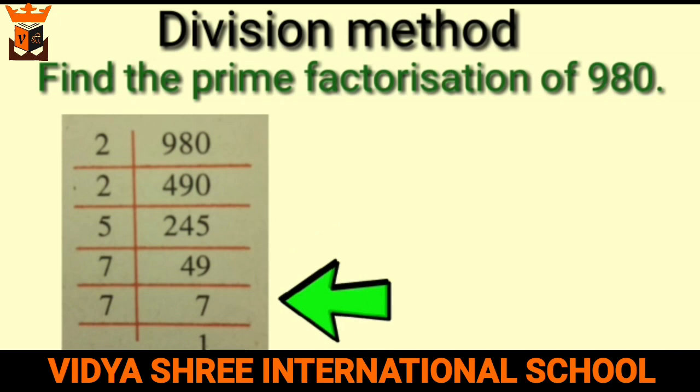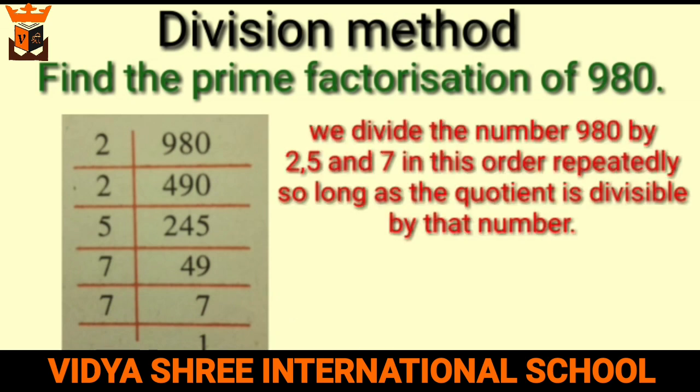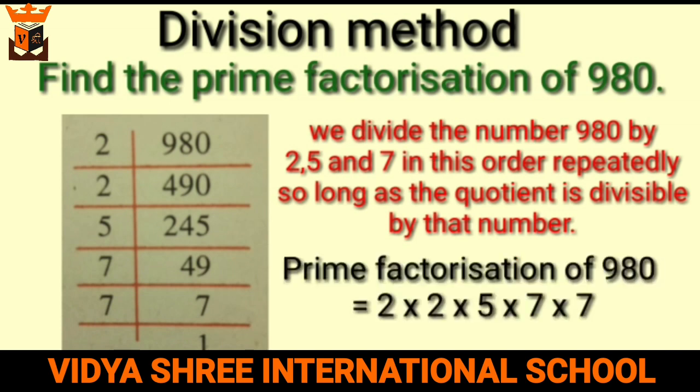And 7 divided by 7 is equal to 1. We divide the number 980 by 2, 5 and 7 in this order repeatedly so long as the quotient is divisible by that number. So the prime factorization of 980 is equal to 2 multiplied by 2 multiplied by 5 multiplied by 7 multiplied by 7.